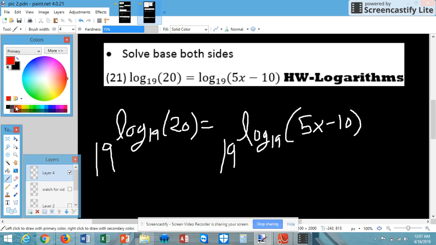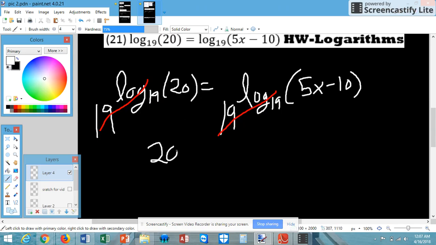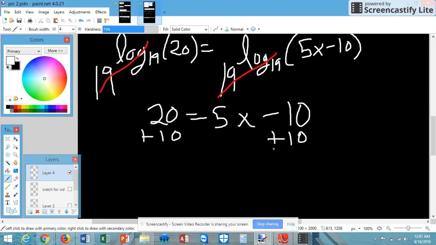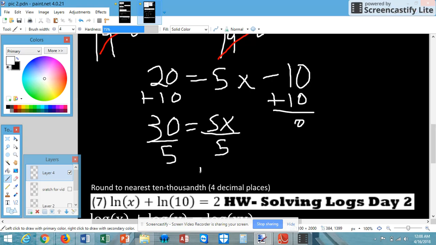So that cancels these two things out. So now you're just left with 20 equals 5x minus 10. You'll just use algebra 1 from here. Add 10 to both sides. 10 minus 10 is 0. 20 plus 10 is 30. So now we have 30 equals 5x. Divide both sides by 5. So now x equals 6.